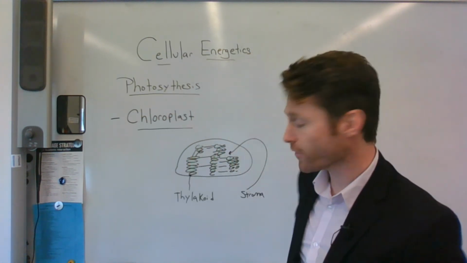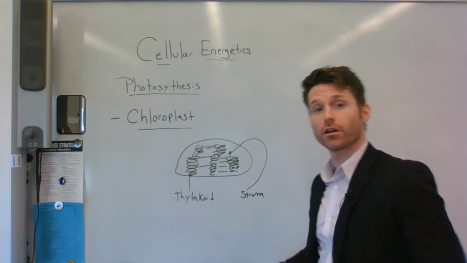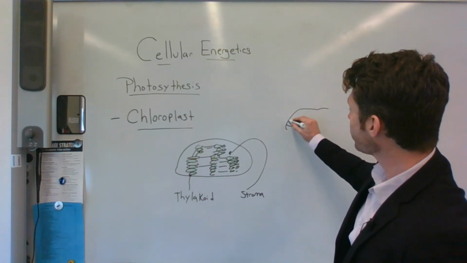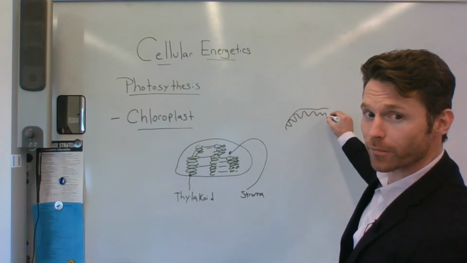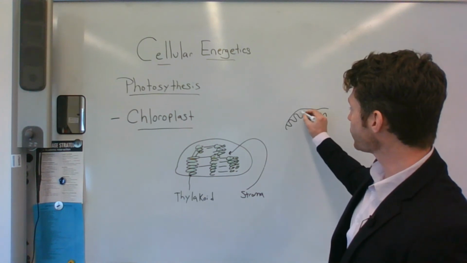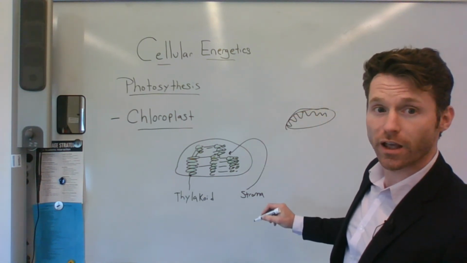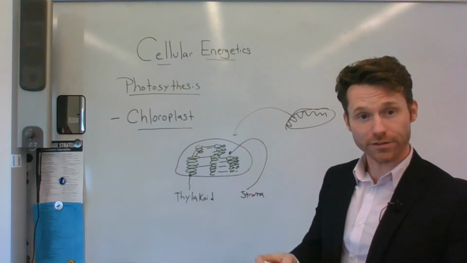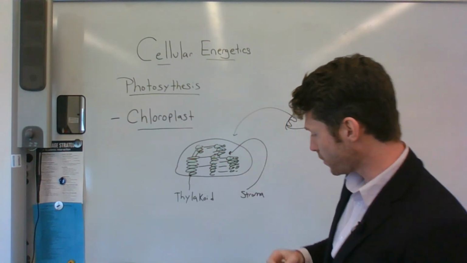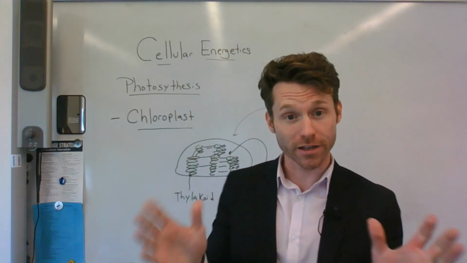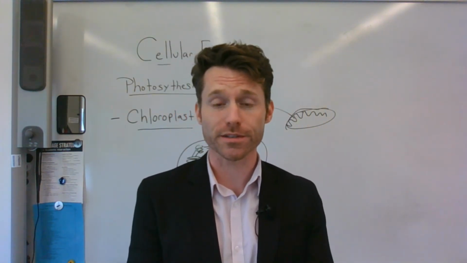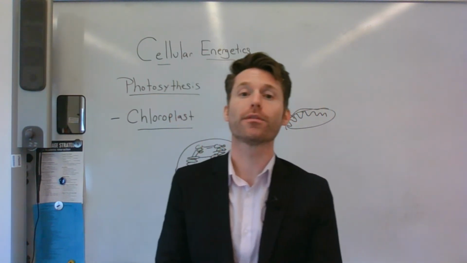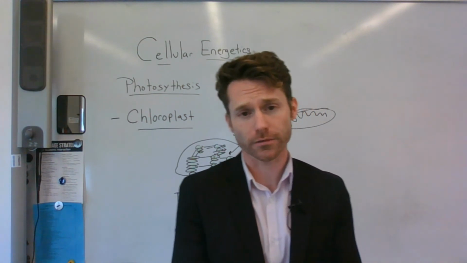Instead, photosynthetic bacteria have a highly folded cellular membrane, with regions of folds that function in the same way that chloroplasts do. So it's important to keep in mind that there are prokaryotes that can do photosynthesis, and the chemical reactions are the same. They just occur in a different place.